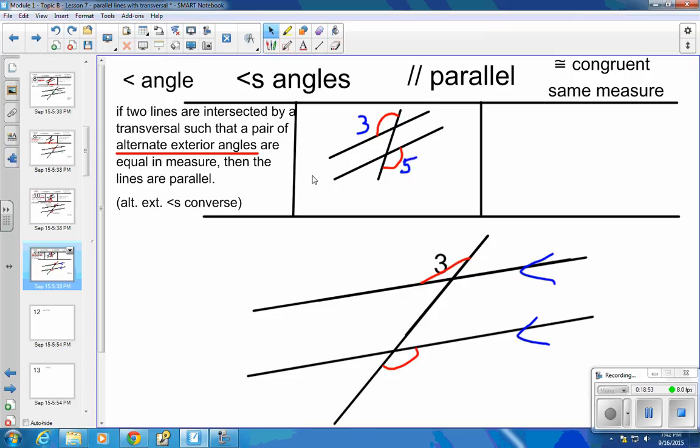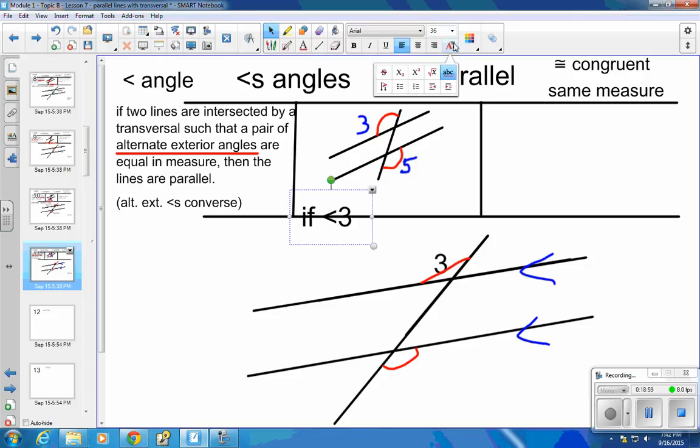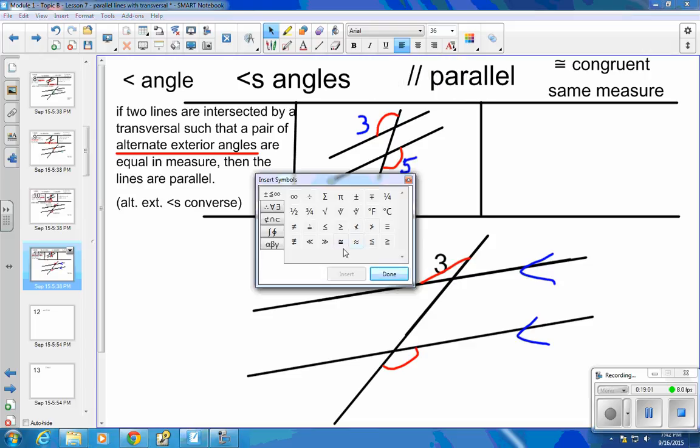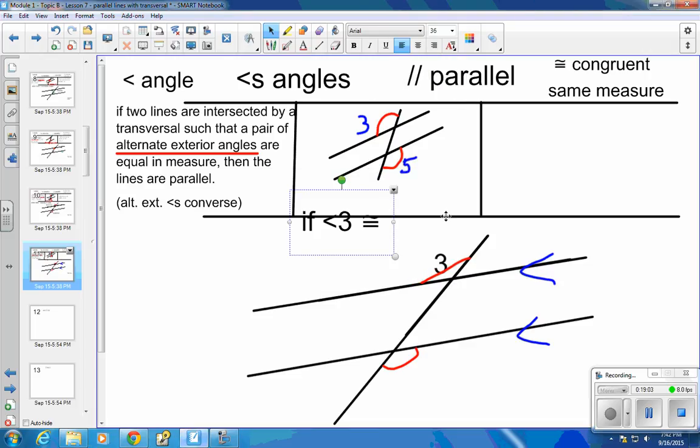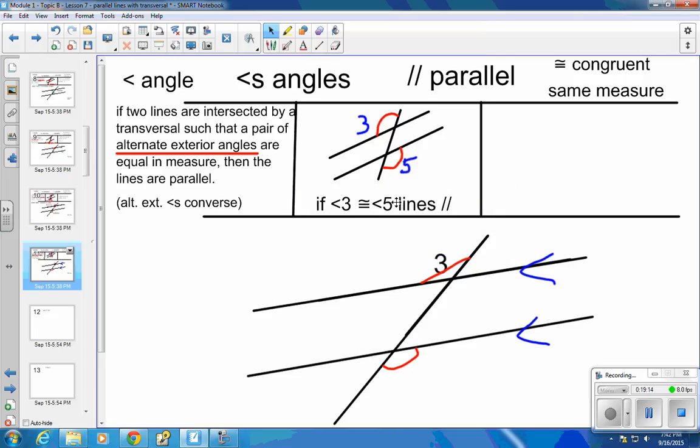So, if angle 3 is congruent to angle 5, lines parallel. Okay, up here we want to use all the vocabulary we can.